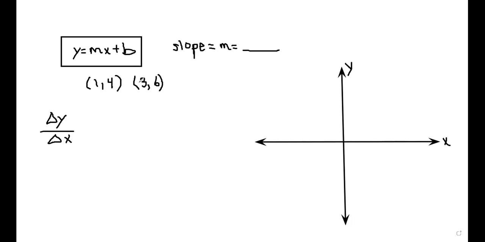Well, first off, let's look at our points here. And what we're going to do is label these points so we can keep everything organized. That's always a good thing to do in math. So I'm going to call this one x. Actually, let me change color here. That might help. We'll call this one x and this one y.